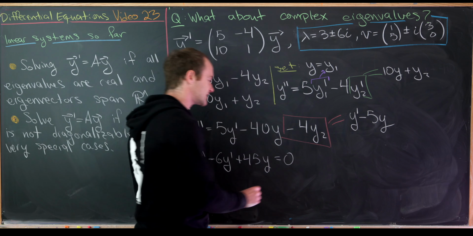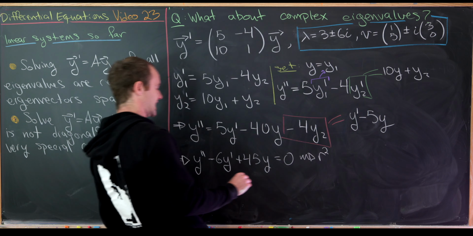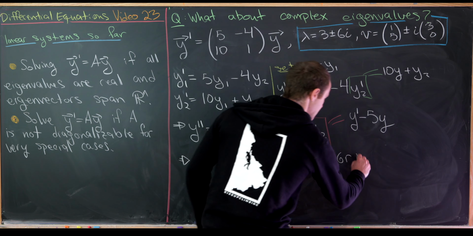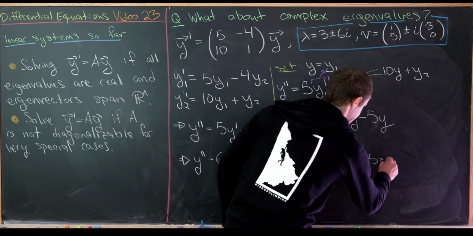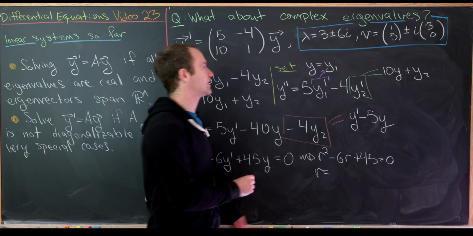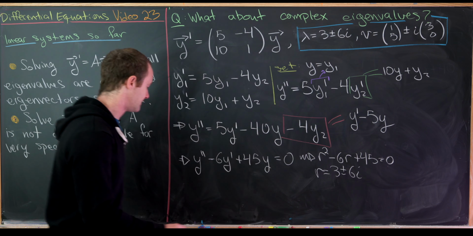But that has a corresponding polynomial, and that corresponding polynomial is r squared minus 6r plus 45 equals 0, which has roots, well, you guessed it, 3 plus or minus 6i.